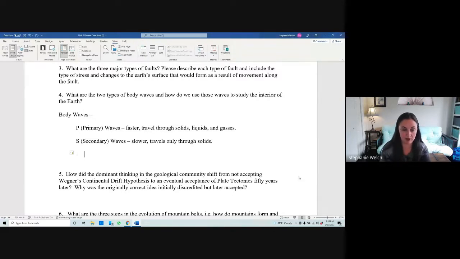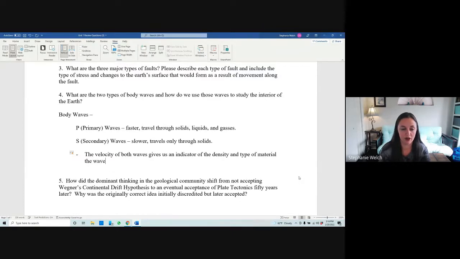So we talked about this a little bit already, but the velocity, which is just speed with a direction, of both waves gives us an indicator of the density and type of material the wave is traveling through.